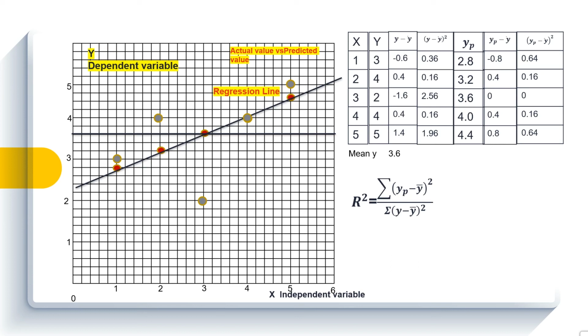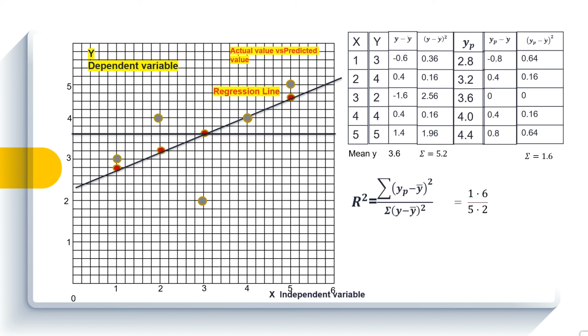Now, what does the formula suggest? It suggests taking the summation of yp minus y bar whole square and the summation of y minus y bar whole square. Let's see. Summing y minus y bar whole square, what you get is 5.2, and summing yp minus y bar whole square, you get 1.6.